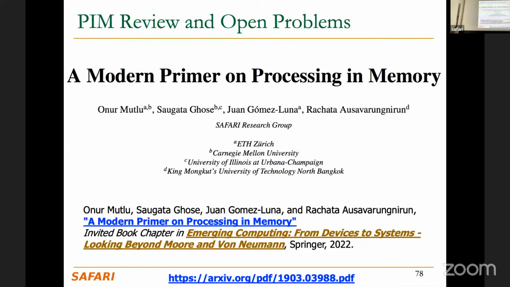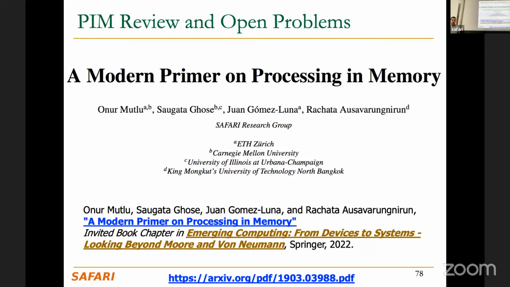The next part of this lecture, I'm going to talk about different implementations of these memory-centric architectures for varying applications or application domains. All of this is based on a book chapter called A Modern Primer on Processing in Memory.